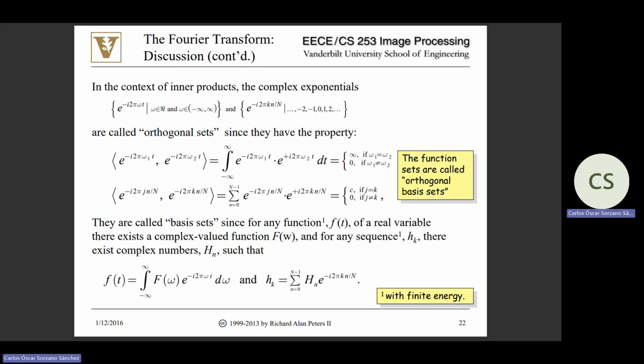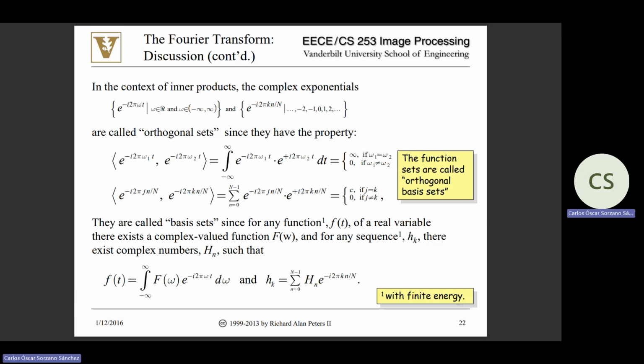If you go from minus infinity to infinity, you get infinity, but if you go for one period, you get 2 pi. And the same happens for these ones. For the basis functions of the discrete Fourier transform, if you multiply two that are different, you get 0. If you multiply two that are the same, you get some constant. And that's all.